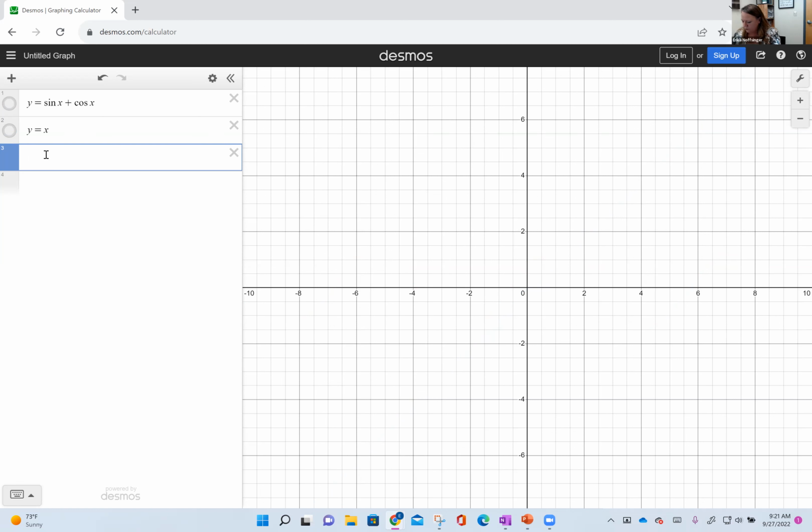And I'm going to graph y equals cosine x plus sine x minus x. Now if I look at this graph and I look at where it's crossing, notice my x value is also 1.259. And so the solution, when we solve it that way, gives us the same solution as the other way.